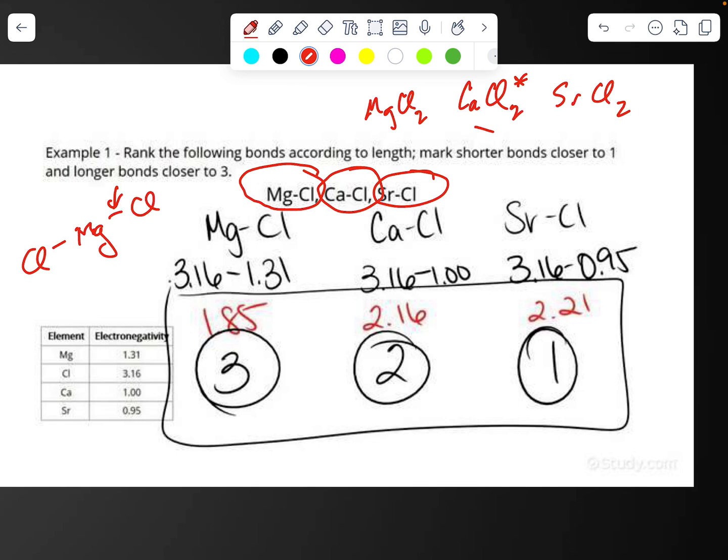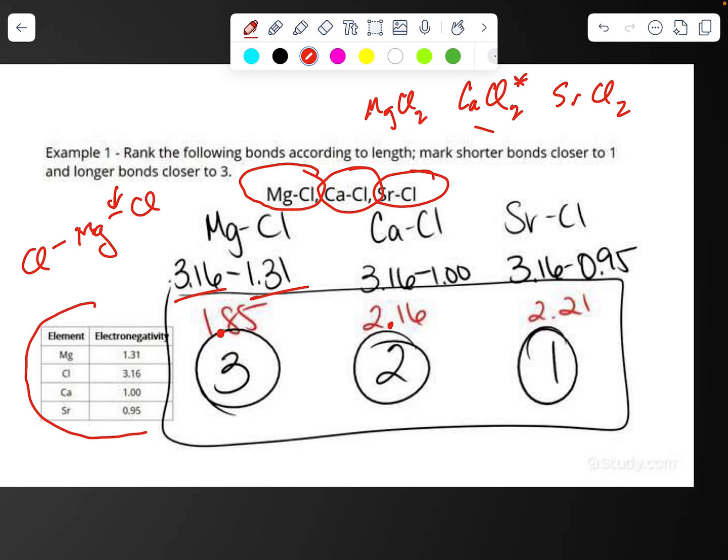In this case, we go look up electronegativities from a chart like this, and we see that magnesium chloride will be 3.16 minus the change in electronegativity, 1.31. This value is 1.85. And if we did calcium chloride, we'd have that 3.16, and then we would have calcium's 1.0, and the value would be 2.16.